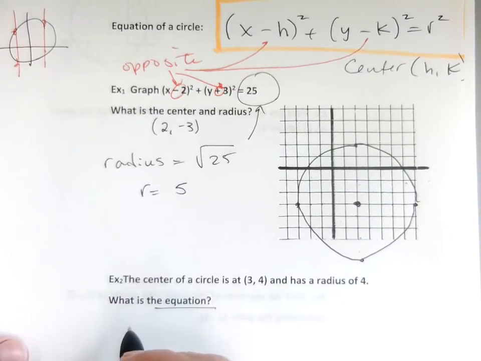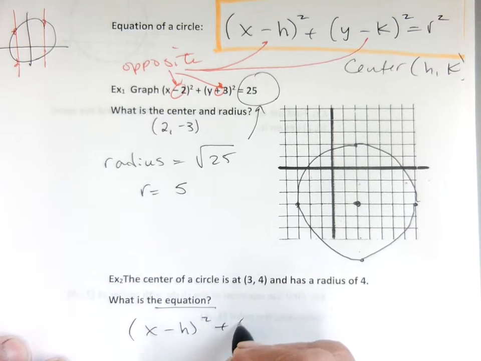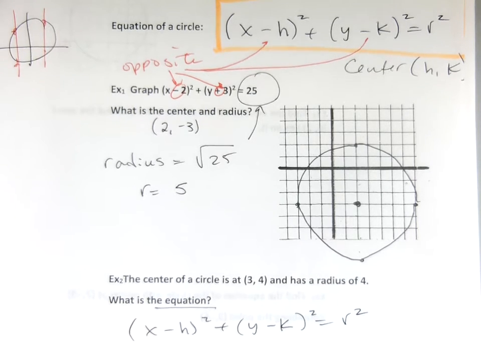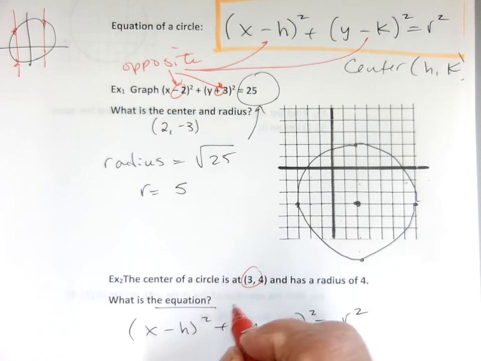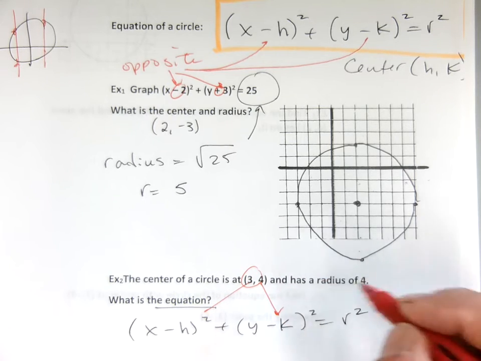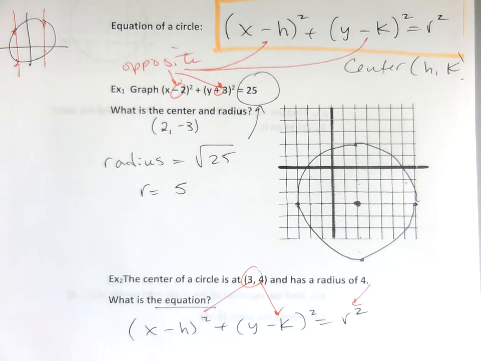I need the equation, so I'm going to write down my x minus h squared plus my y minus k squared equals r squared, right? And I'm going to plug my 3 in for h and my 4 in for k, and I know the radius is going to be 4.